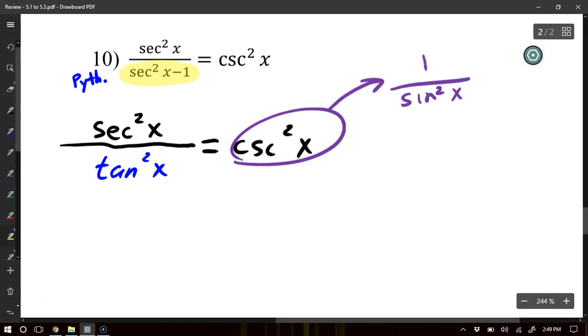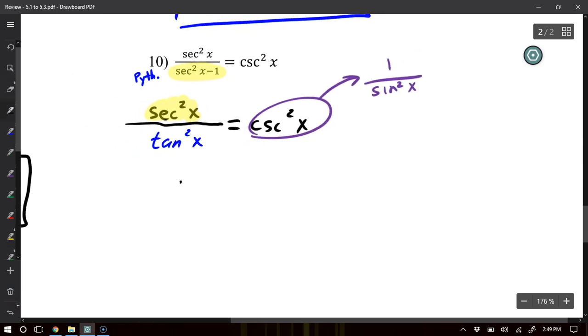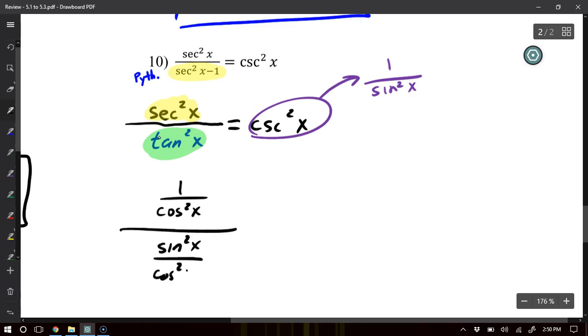Well, on the left side, I don't have sines and cosines, so I'm going to create those. Secant squared of x, I can write as 1 over cosine squared of x. And tangent squared of x, I can change into sine squared of x over cosine squared of x.